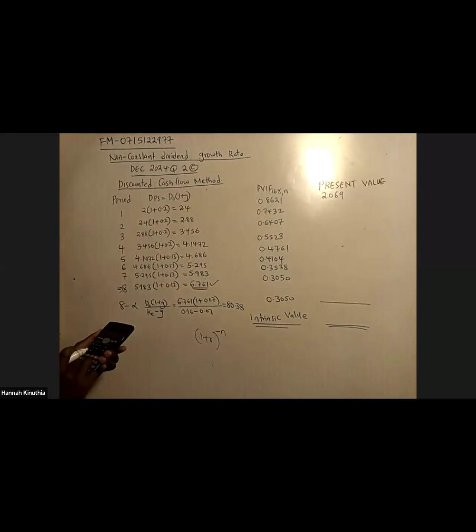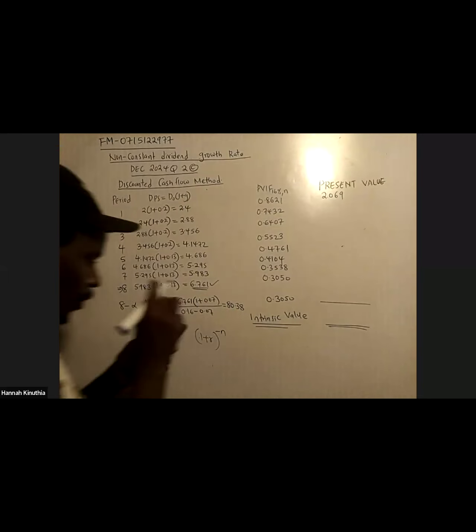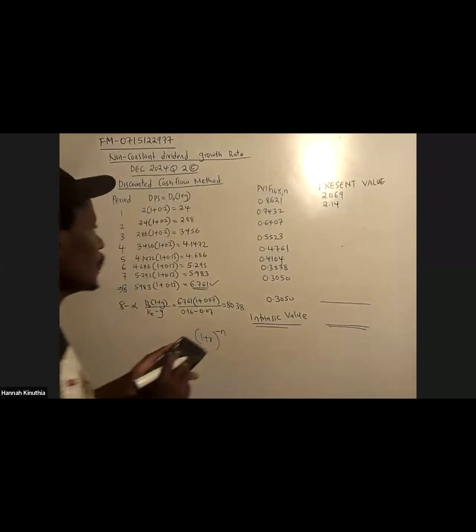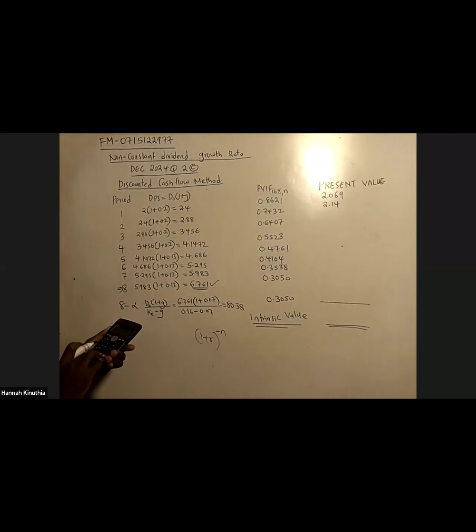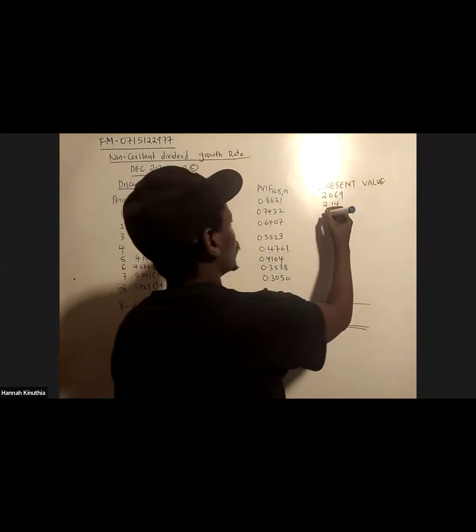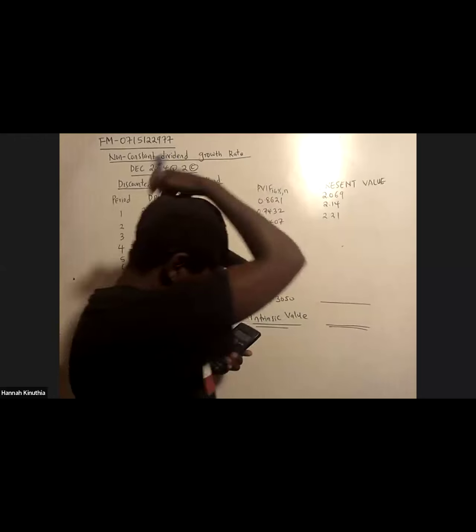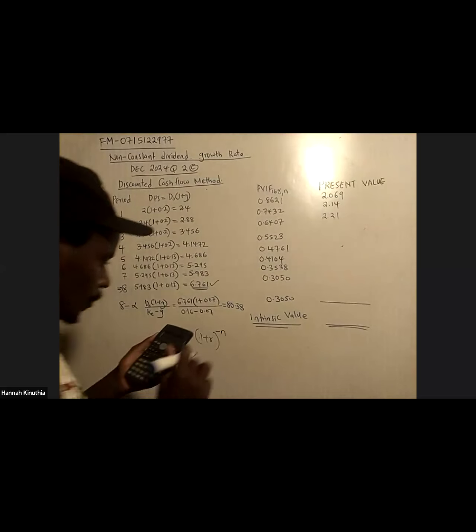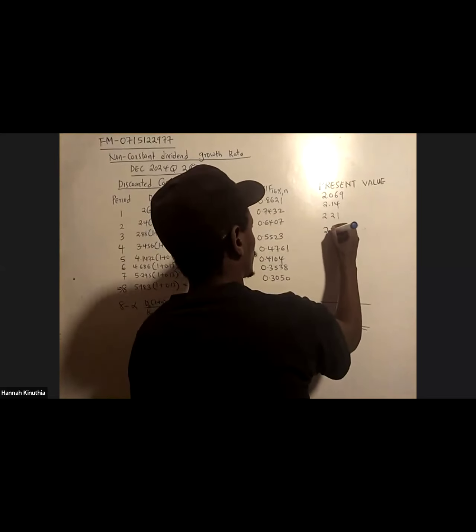Then 2.88 times 0.7432 is 2.14. Then 3.456 times 0.6407 is 2.21. Then 4.1472 times 0.5523 is equal to 2.29.